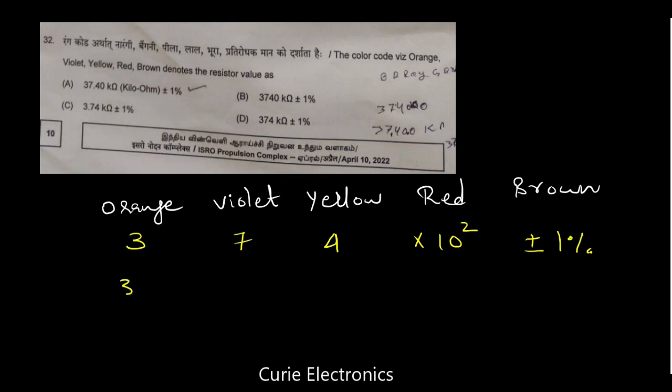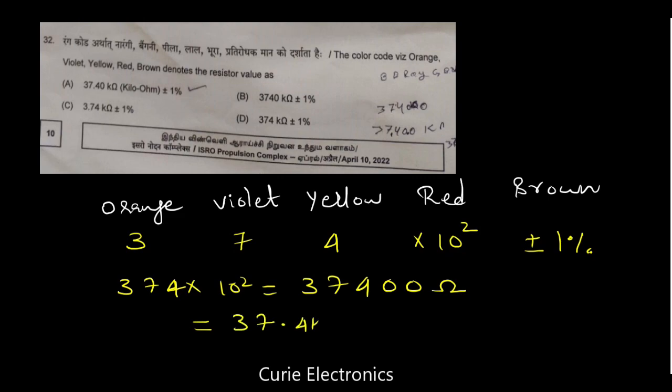So 374 multiplied by 10 to the power 2 is equal to 37400 ohms. But all options are in kilo ohms, so if you divide by 1000, you get 37.4 kilo ohm. The answer is 37.4 kilo ohm plus or minus 1%.